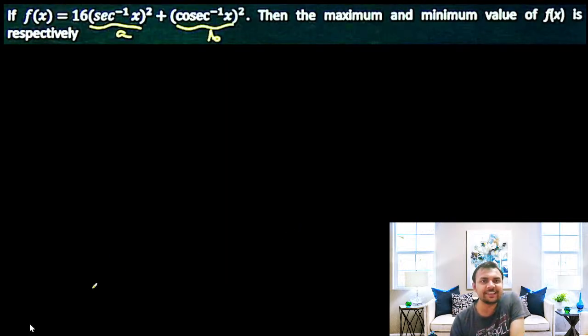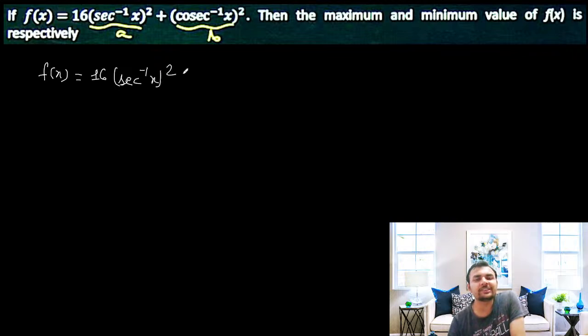So we have to solve this question. f(x) = 16 (sec inverse x)^2 + (pi/2 − sec inverse x)^2.